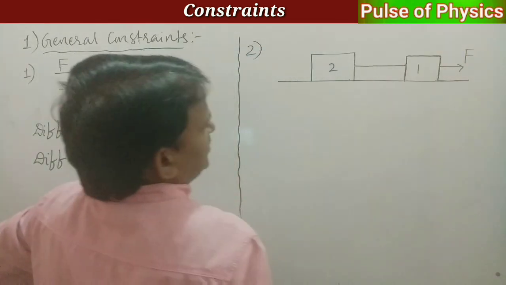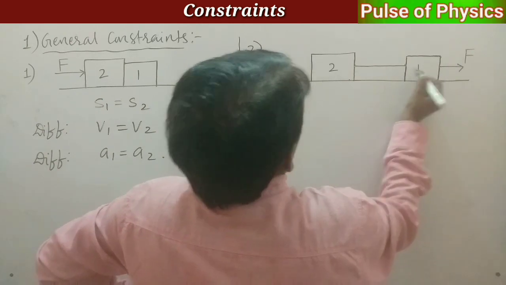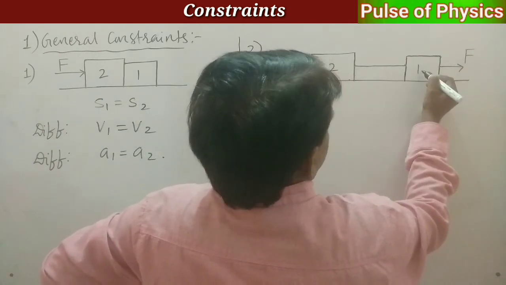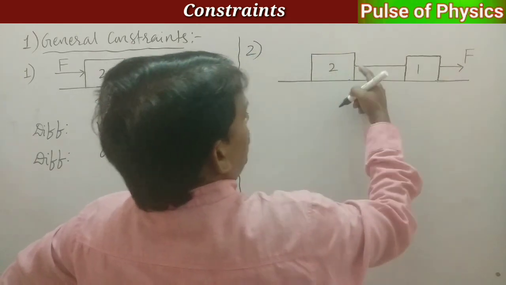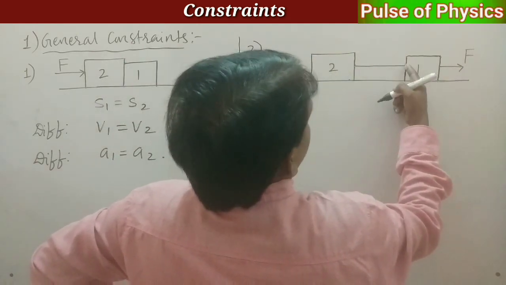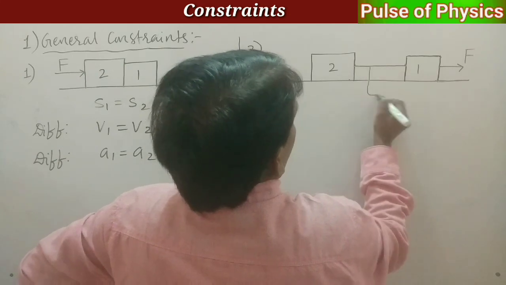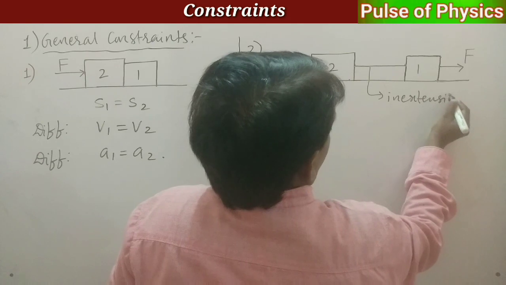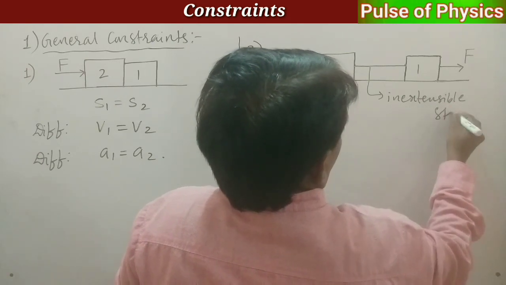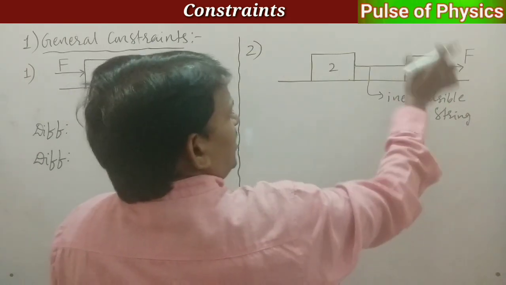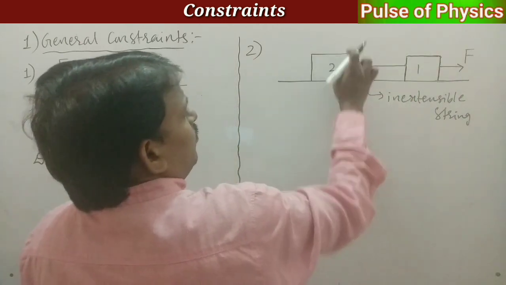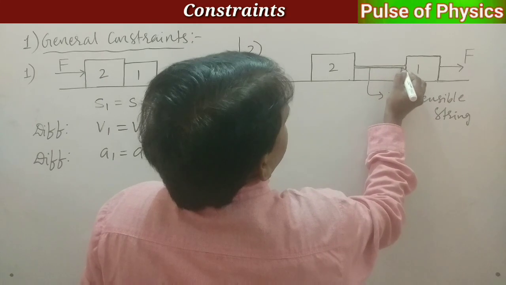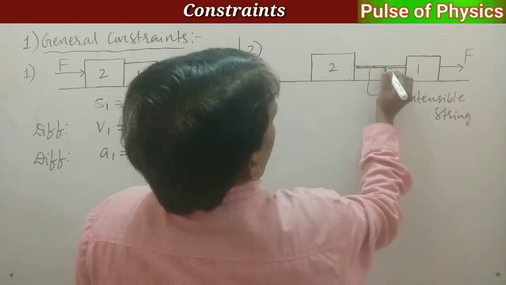Analyze the motion of this. Two blocks are connected with the help of a string. Force is acting on the first block, and the second block is pulled by the first block. These two are connected with the help of an inextensible string. When block 1 is pulled, every part of the string moves with a common velocity.